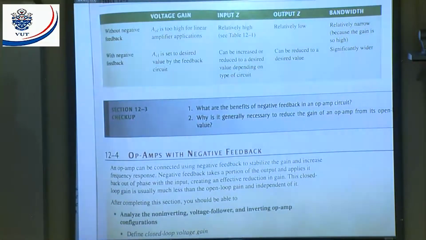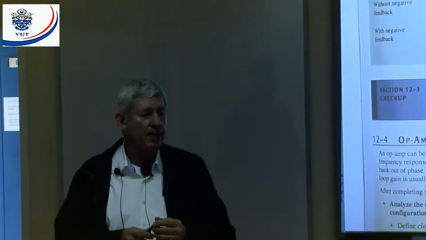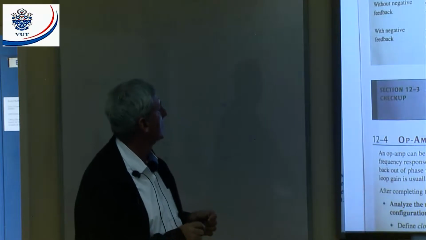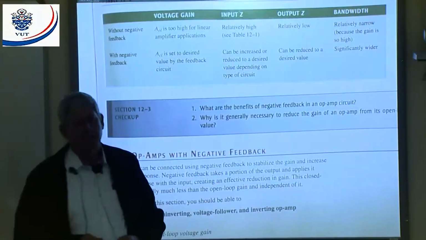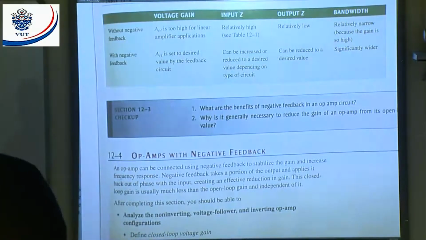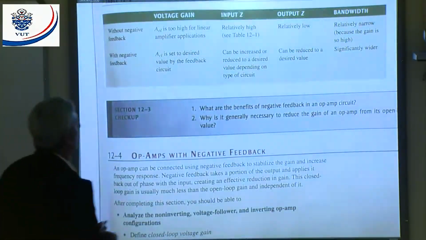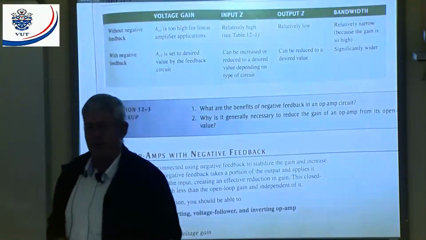In the non-inverting amplifier that is so, while in the case of the inverting amplifier it will be determined by the input resistor, but we'll look at that a little bit later. The output impedance will be reduced, which means it will come closer to the ideal value. We don't want a high output impedance, we want a low output impedance. And my bandwidth will also be increased when I apply negative feedback.